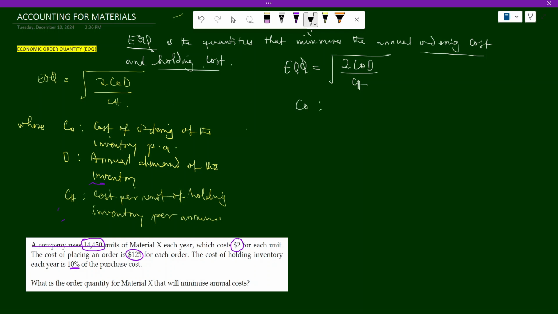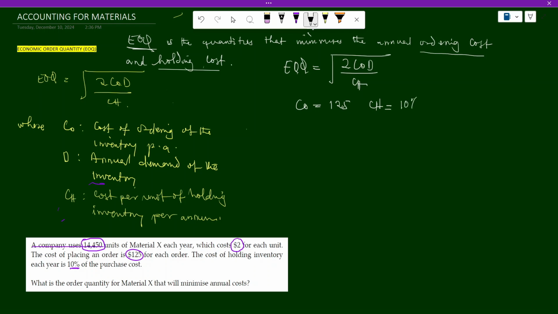The cost of ordering has been given as $125. The holding cost is 10% of the purchase cost.